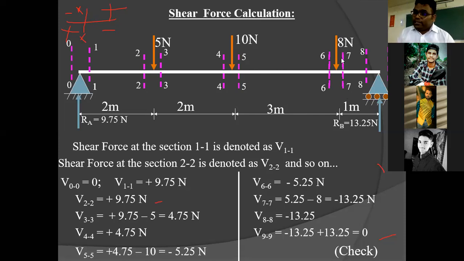Now V77, yes, we have to look at this 8 also. Because it is acting downward and your section is on the right side, you have to take this one now, this negative. Here you can see that.